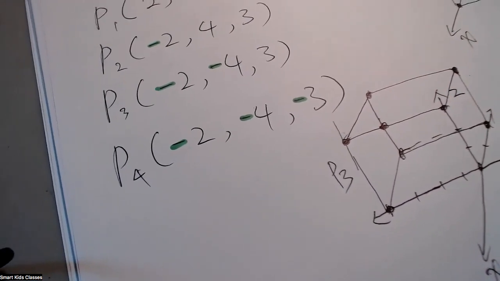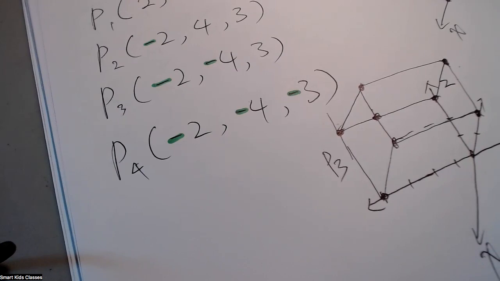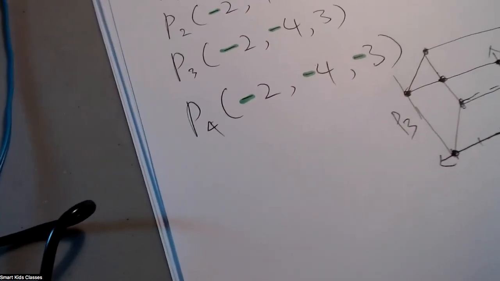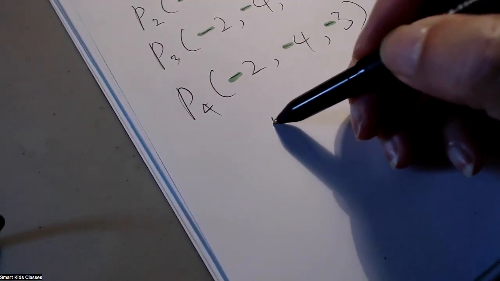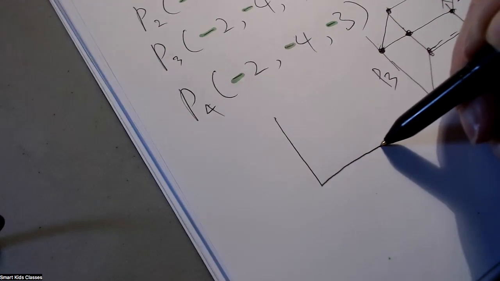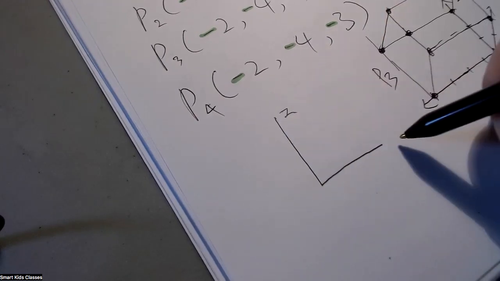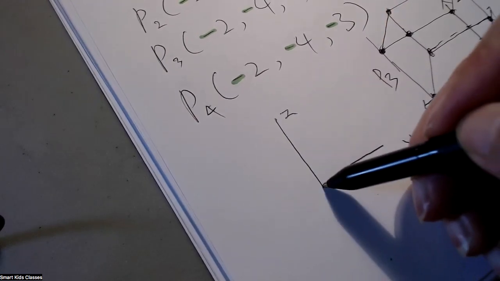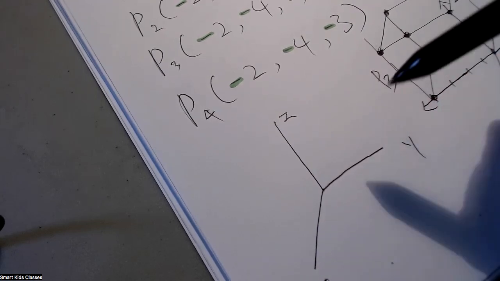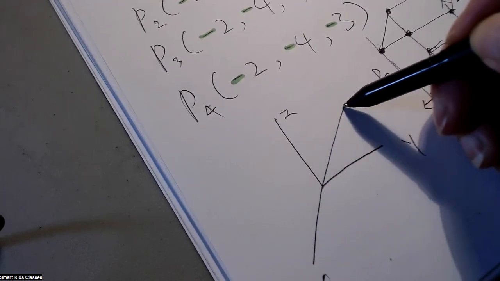So now I'm going to create P4, where x, y, and z are all negative. So we just plot it here. I'm going to make it like that. So that's z and that's y, and we put x here. If x is negative, we extend here.